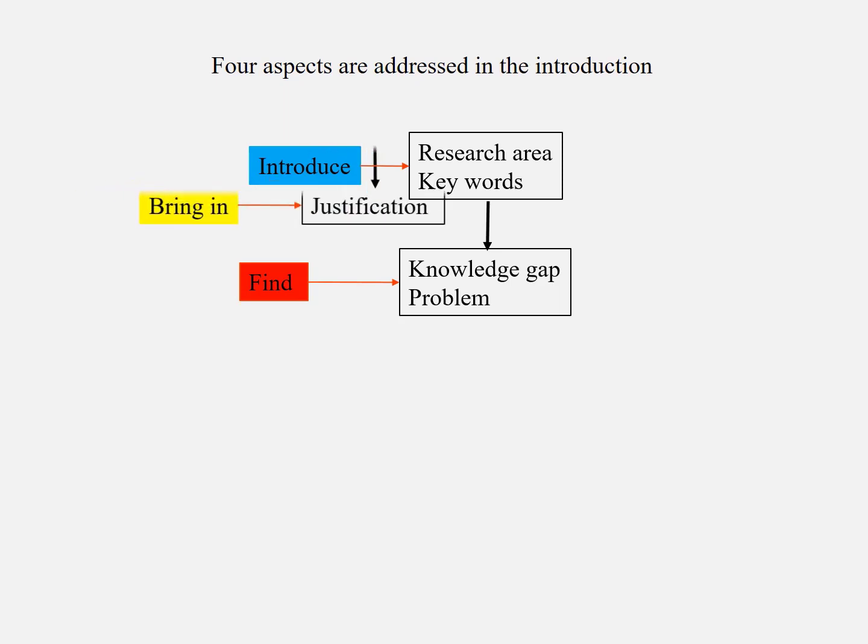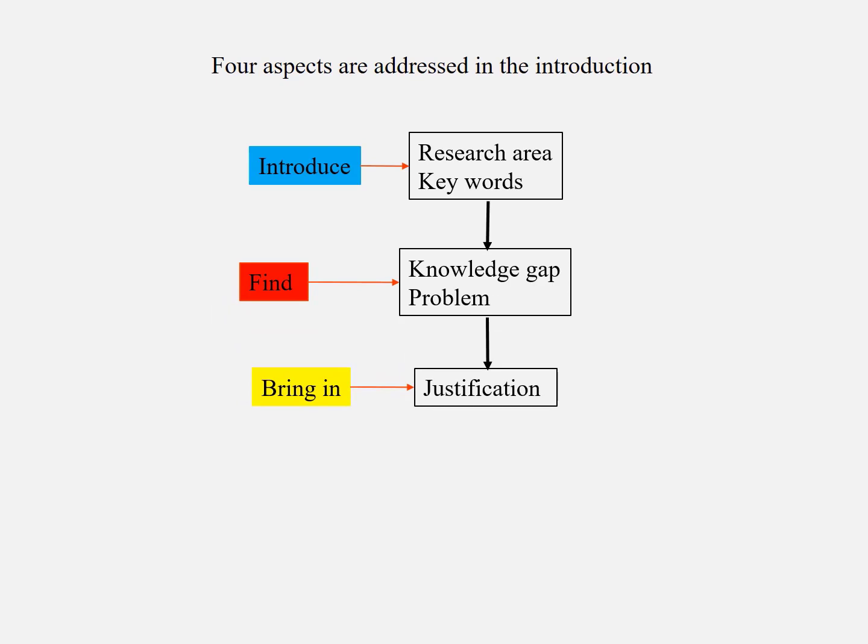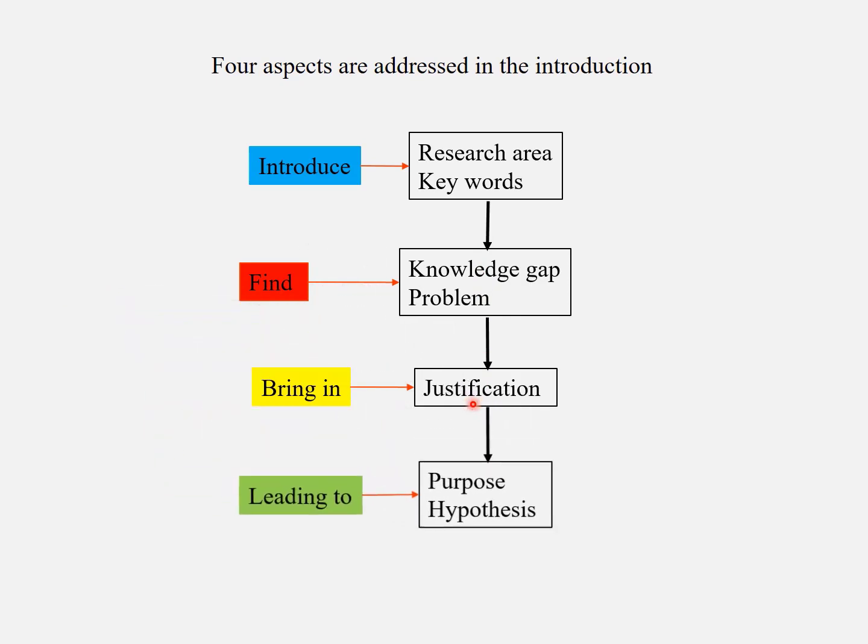Number three, that will bring the justification why this is the problem in the field. You bring a bridge between these two and justify why the work is necessary. Then finally you point out the purpose and your hypothesis of the study.